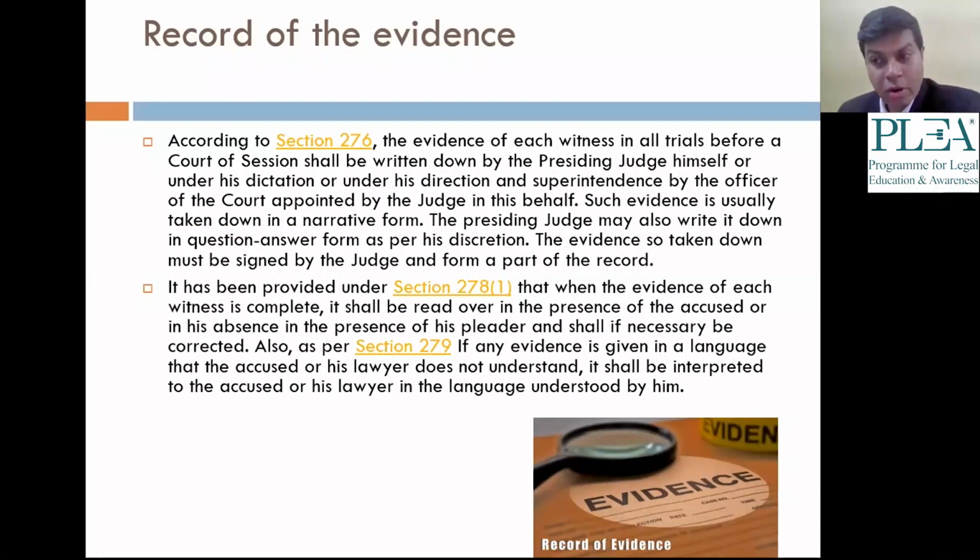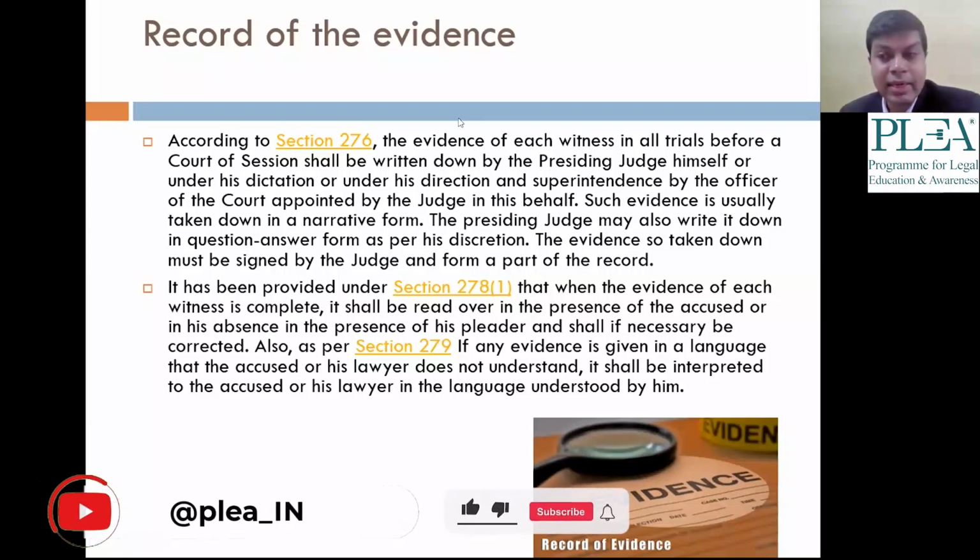In normal courts also, the advocate who is conducting the cross examination can ask the questions to the accused in a language which the accused is familiar with. So Hindi can also be used for the cross examination if the accused feels that he is comfortable with Hindi.